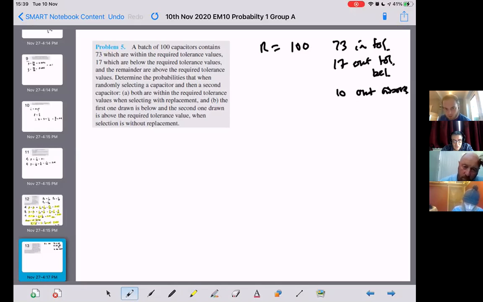So you're drawing 2, and in part A, when you draw the second one, you're going to draw with replacement, and then in part B, when you draw the second one, you're not going to replace before you draw again. All right, have a go at that. It's a little bit more tricky. You've got to think carefully about how that one works.